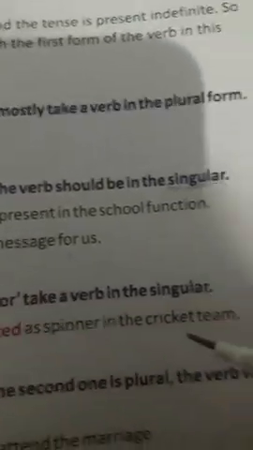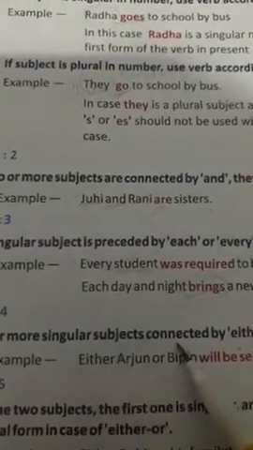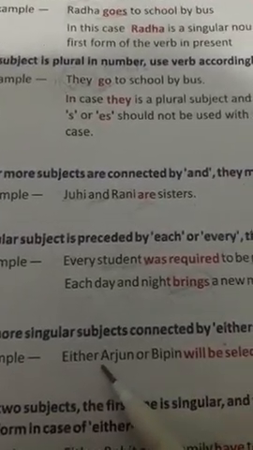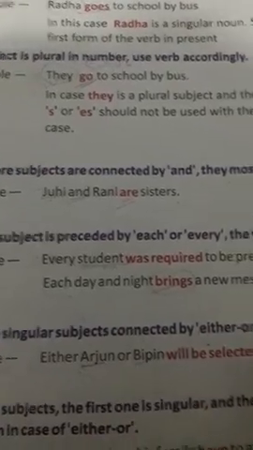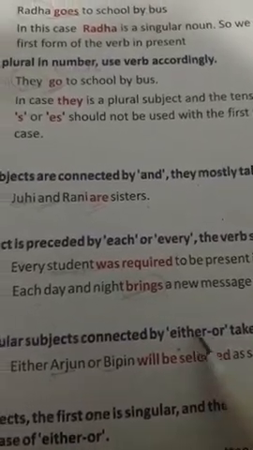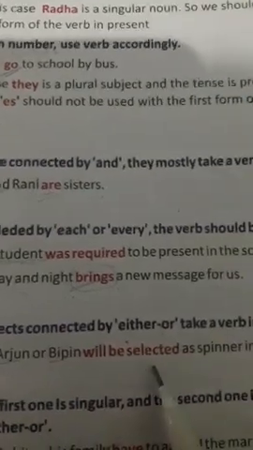Rule number 4: two or more singular subjects connected by either or take a verb in the singular. If two or more singular subjects are connected by either or, then you have to take the verb in the singular form.